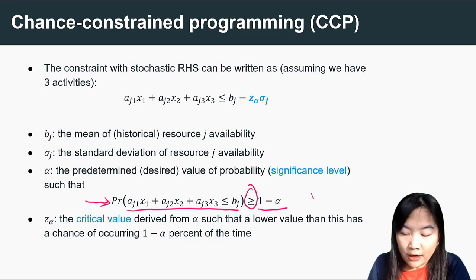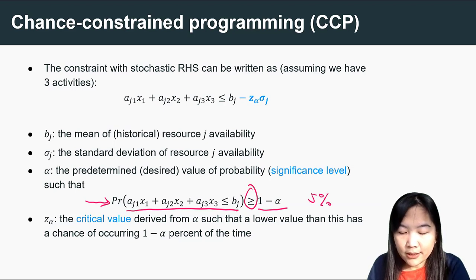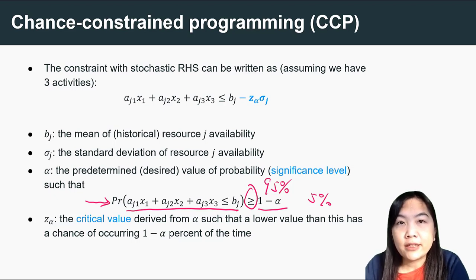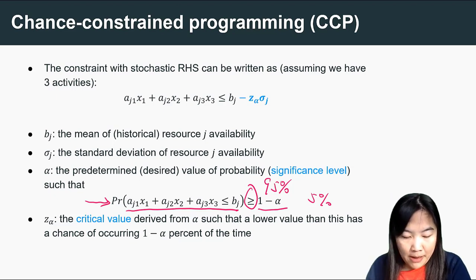For example, if alpha is 5%, then 1 minus alpha is 95%. And then you will say there's at least a 95% chance that this constraint will be met. Or you can say I'm at least 95% confident that this constraint will be met.